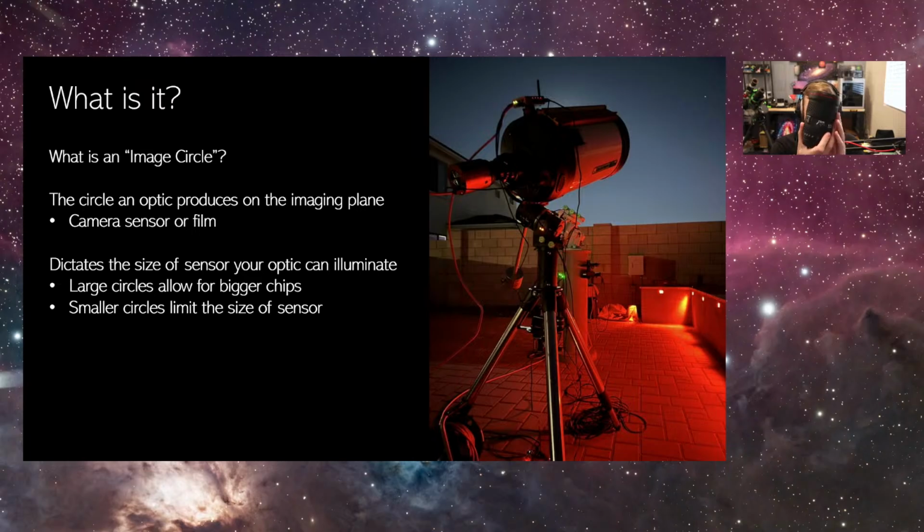You have these lenses here, and they produce an image circle, usually large enough to handle a full frame camera. Well, some people will talk about the crop factor, where if you put a smaller sensor on there, you're effectively getting more zoom. You're not getting any of that.